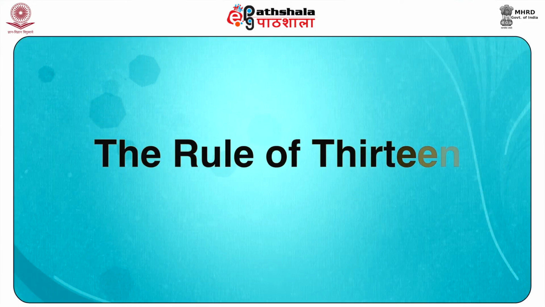Let us now come to the study of the rule of 13. Now students, the rule of 13 is a useful method for determining the possible molecular formula of a compound from its molecular mass. In the rule of 13, first a base formula is generated which consists of only hydrogen and carbon atoms.